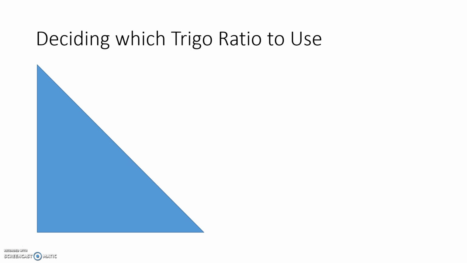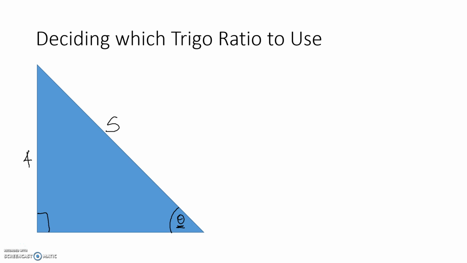Now, for example, if you are asked to look for the angle theta, you have a right angle here, and you are given 4 and 5 here. You are given a right angle triangle with two known sides. You have to ask yourself, what sides are you given?